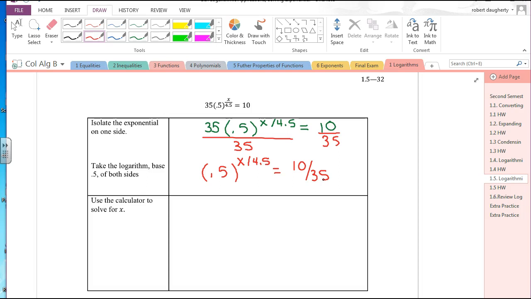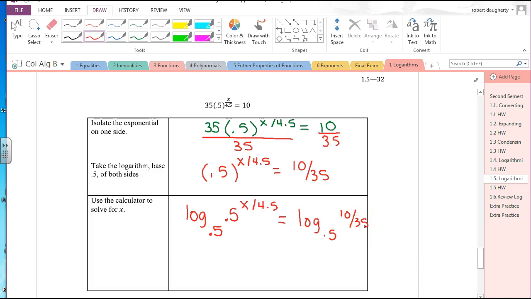What logarithm, what base will I be taking on both sides? The log base 0.5. So I need to take the log base 0.5 of 0.5 to the x over 4.5. That's going to be the log base 0.5 of 10 over 35.